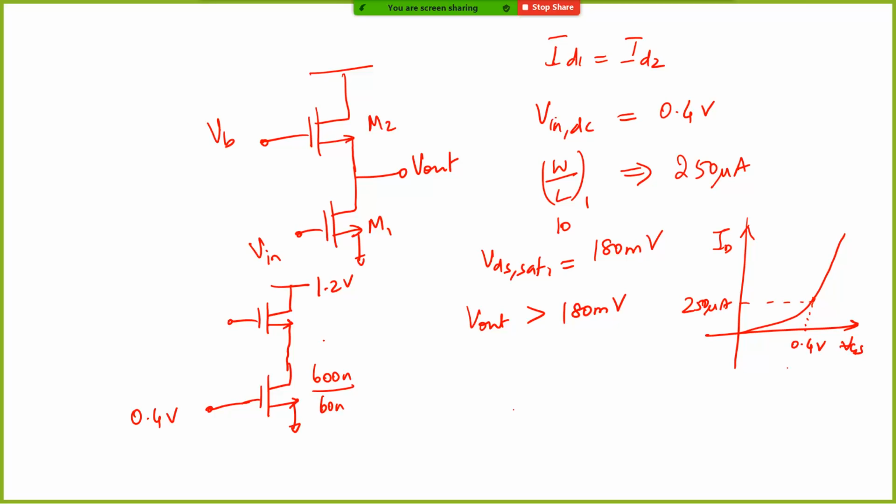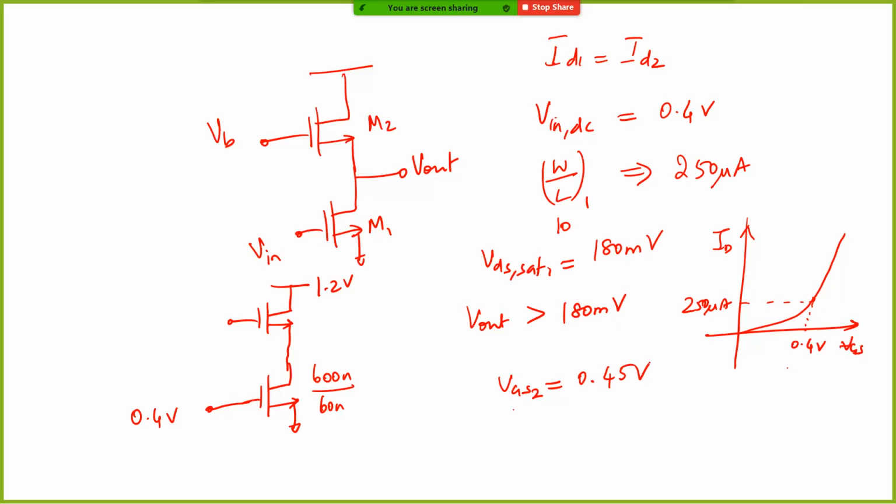Let's say this is going to be 1 over GM. So let's say you want VGS2 to be, let us say, 0.45 volt.